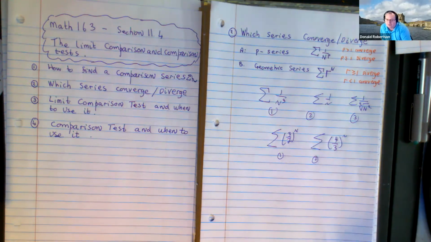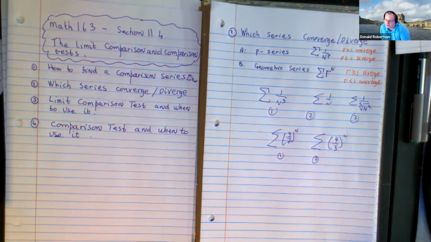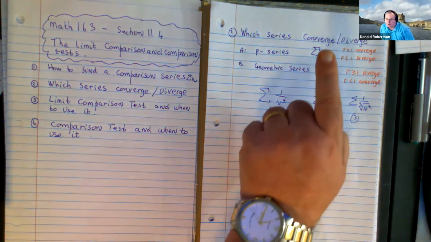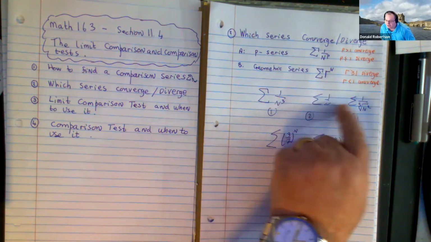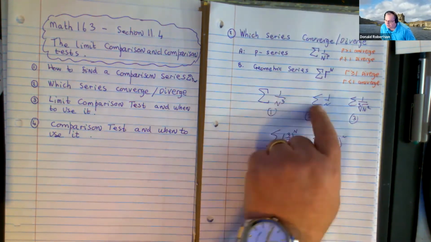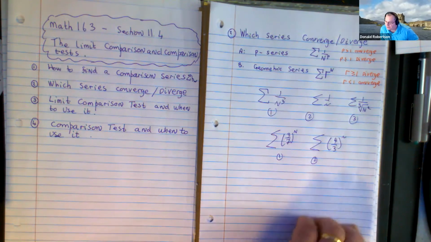Which one of these two converges? 3/7. Right, and won't the 4/3 be the diverging one, right? So if you have a comparison series, it will look like one of these 5 guys, won't it? It'll look like these guys. And won't you know whether it's going to converge or diverge as your final answer, right? You'll know what the final answer should be even before you've got to it.